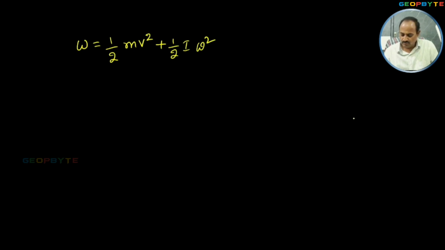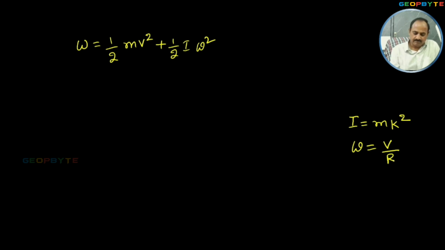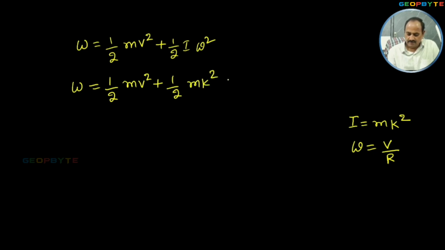Let me take another slide. Here work energy equal to half mv square plus half I omega square. But as you know, I is the mass moment of inertia equal to mk square, and omega equal to linear velocity divided by radius. So the work energy required for stopping the rolling motion is half mv square plus half mk square into v square by r square.